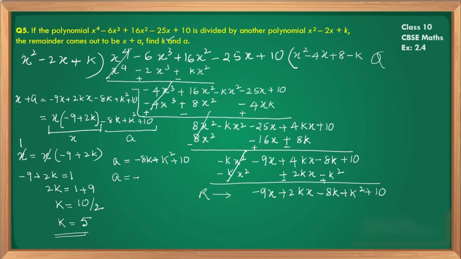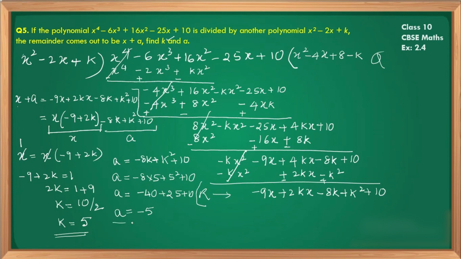A is equal to minus 8 into 5 plus 5 square plus 10. That is equal to minus 8 into 5 gives you 40. 5 square is 25 plus 10. Minus 40 plus 25 plus 10 will give you minus 5. This is the value of a.